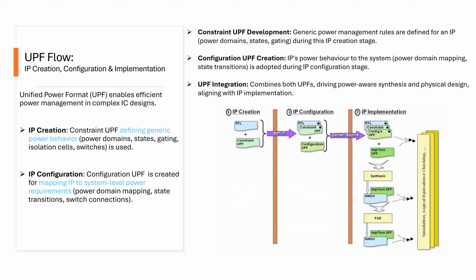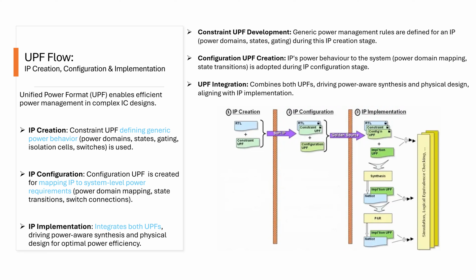What it contains is power domain mapping. For example, each module can be working at a different supply voltage, so a power domain mapping is required, and state transitions, switch connections, etc. are defined in the configuration UPF.